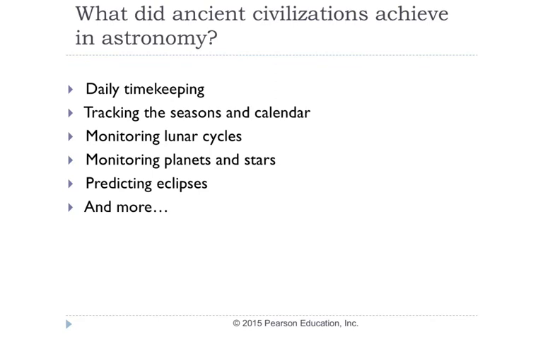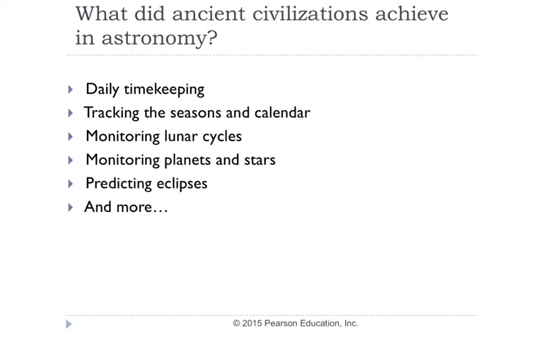And so what did ancient civilizations achieve in astronomy? Daily timekeeping. So again, the Earth rotates on its axis. When it spins around once, that's what we call a day. Tracking the seasons on the calendar. So as we orbit around the sun, that's an entire year. But when we're at special points in that orbit, they mark the different seasons.